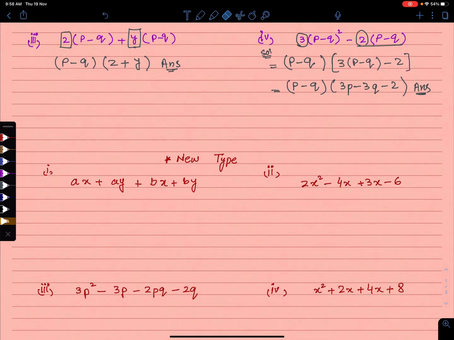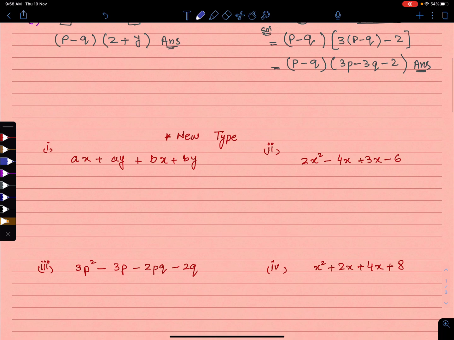Okay, the next type which we are going to discuss in this lecture is, if we have four terms, how do we factorize them? Ax plus ay plus bx plus by. So first of all, the first step is we make pairs. Make a pair of the first two, and then make a pair of the third and the fourth.